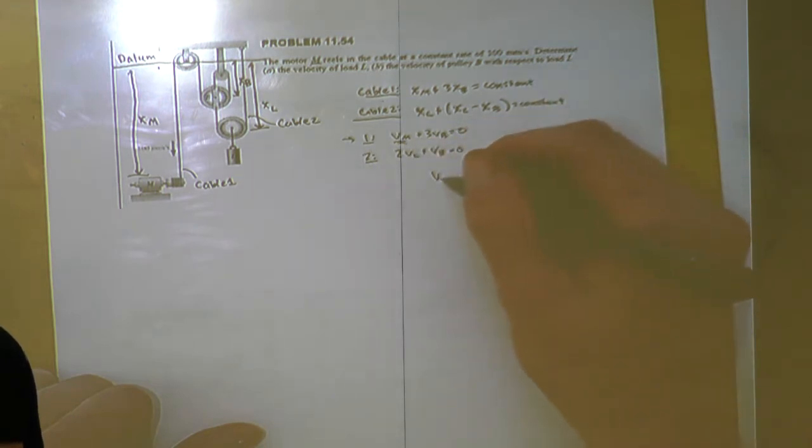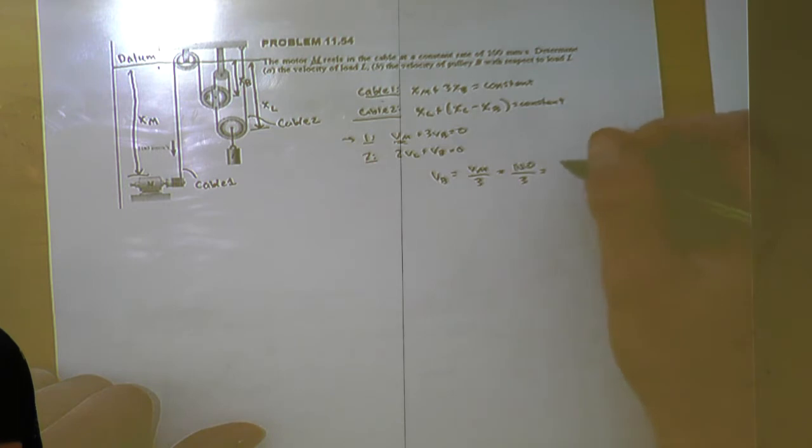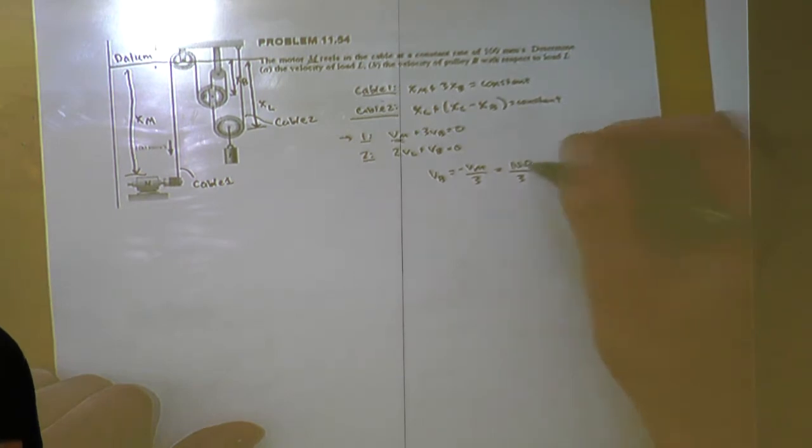So we can say that Vb is equal to Vm divided by 3, which gives us 100 divided by 3. And, oh, it's going to be negative. So it's going to come out to negative 33.3 repeating.